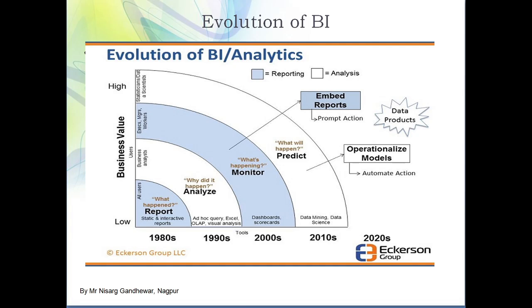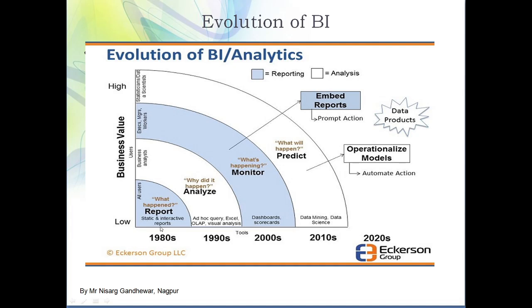EF Codd published a paper based on RDBMS, and then the importance of BI came into existence. In 1980, the form of BI started to change. If you observe this diagram carefully, we are trying to understand BI in gaps of 10 years.